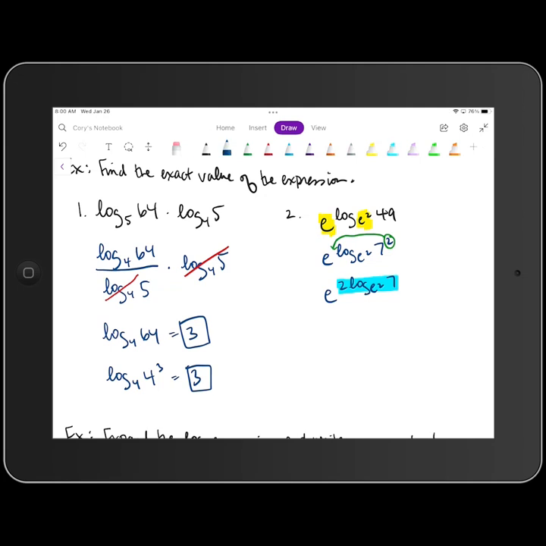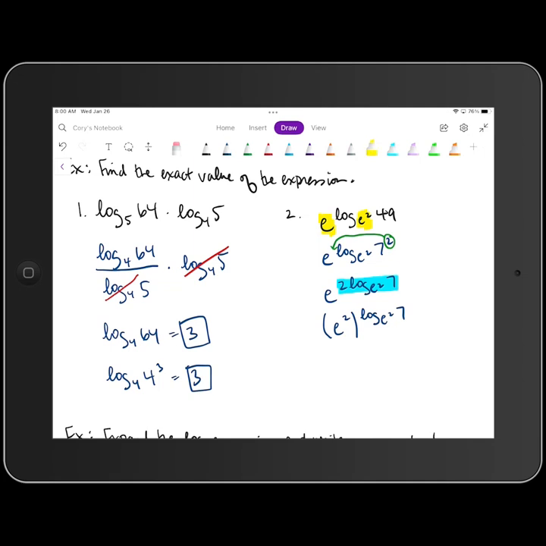So what I can do is take that line and rewrite it as e squared raised to the power of the log base e squared of 7. That line and the line above it are equivalent, again, because when we have a power raised to a power, we multiply the exponents.